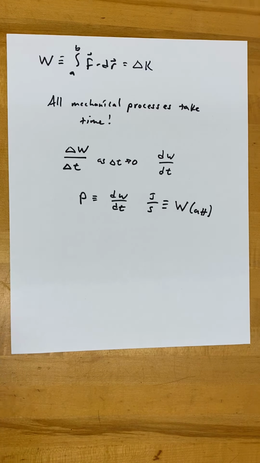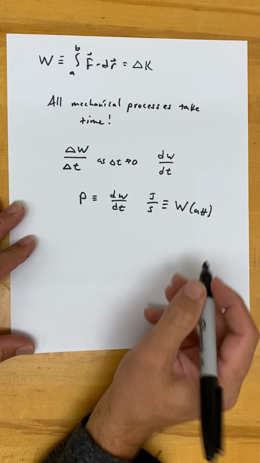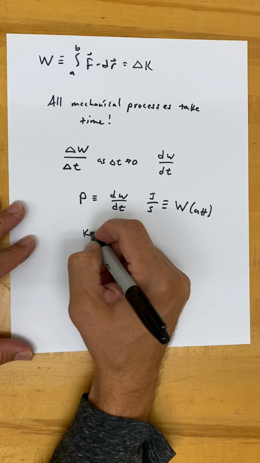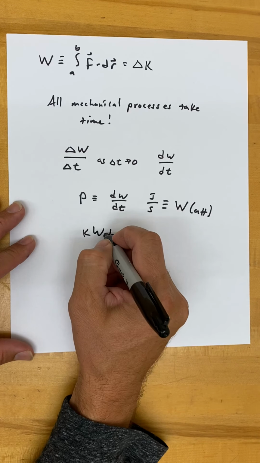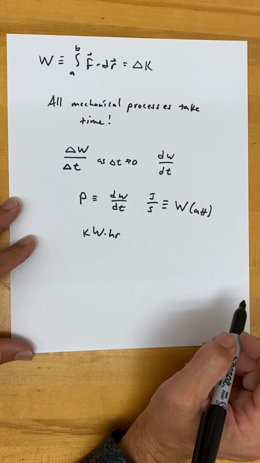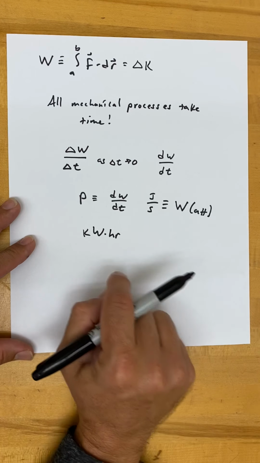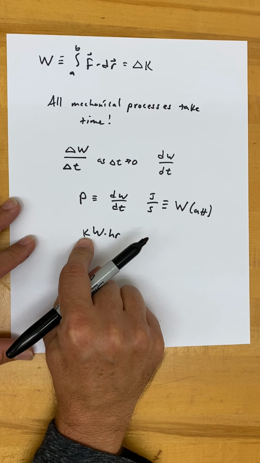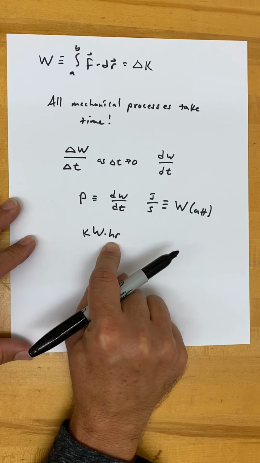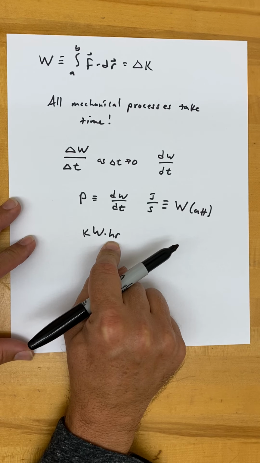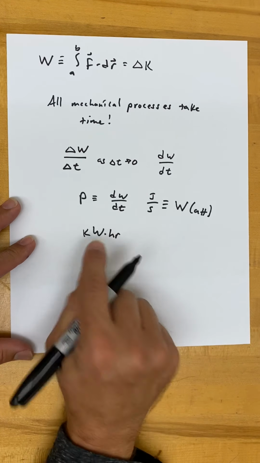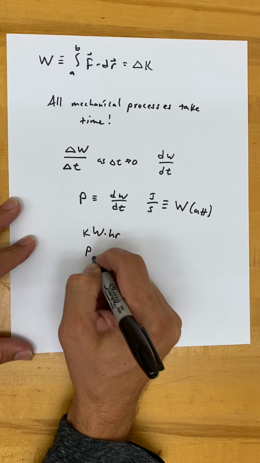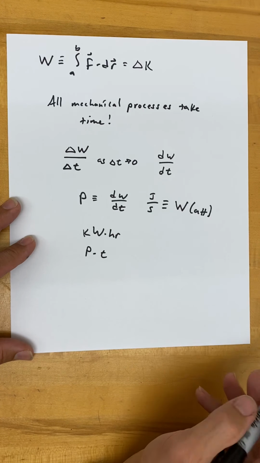If you've ever paid an electric bill, you might have seen on your bill, kilowatt hour. This is not really something we deal with in this class. But kilowatt, we know what kilowatt is. It's 1,000 watts. And then you have this unit of time. So let me just forget about the actual hour and say this is a unit of power times time, right?